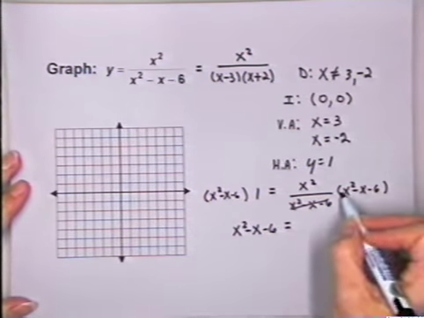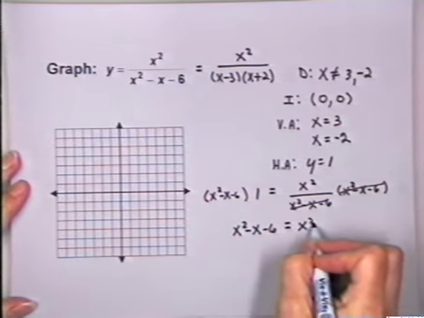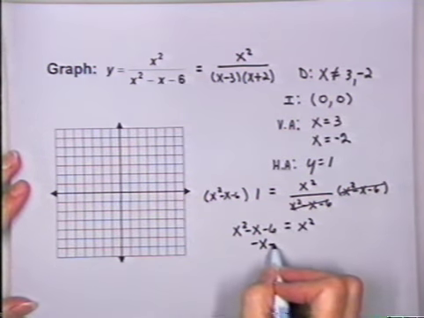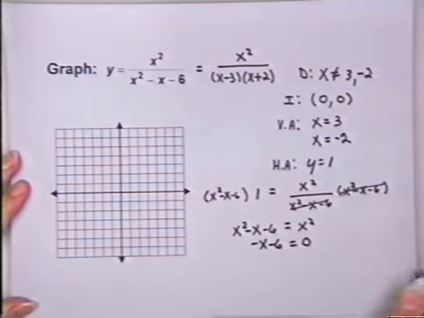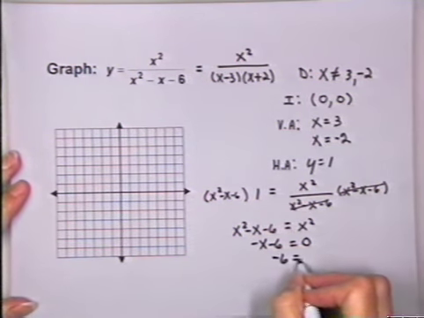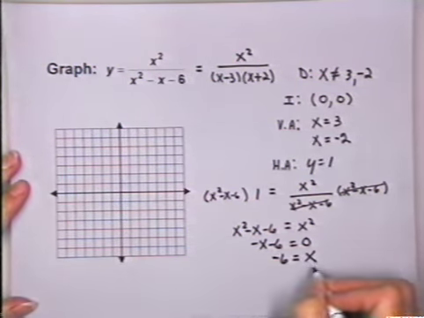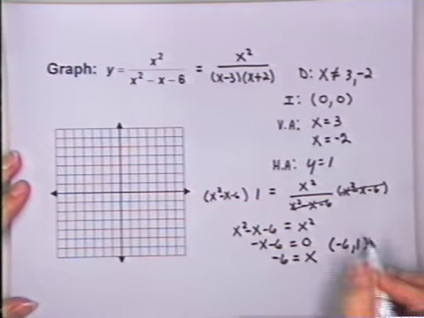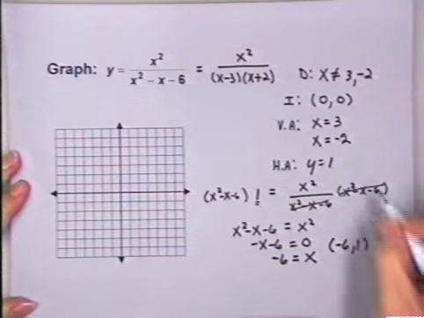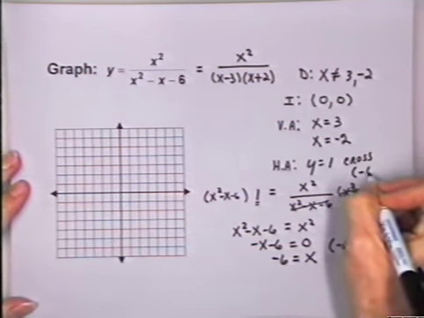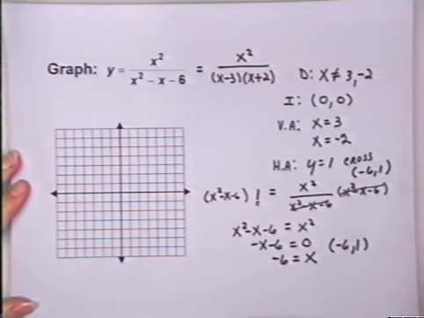On the right, these cancel, and I have x squared. If I subtract x squared, I have minus x minus 6 equals 0. Add x, negative 6 equals x. So we're saying if x is negative 6, y is 1, remember. So we will cross this horizontal asymptote at negative 6, 1.